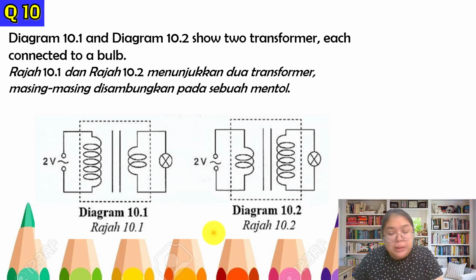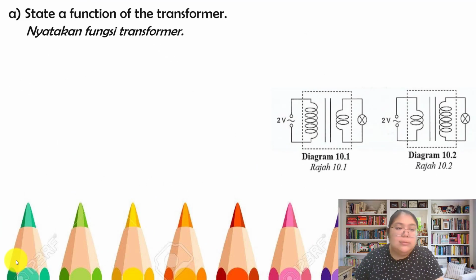Now it depends on what the question asks. First, I told you it is sure to be about a definition, and they also ask about the function. What is the function of a transformer? We know there are two types, step up and step down.